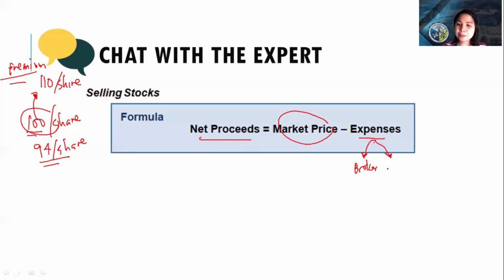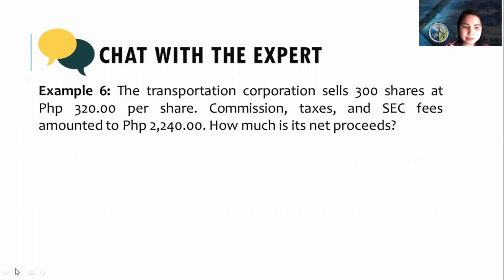Second, you'll pay the SEC, like the transfer of certificates, the processing, the taxes. You'll pay all of this. And these are all your expenses, like the taxes and the SEC fees, in order for your stock to be transferred to another's name.